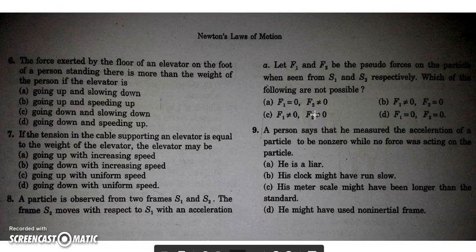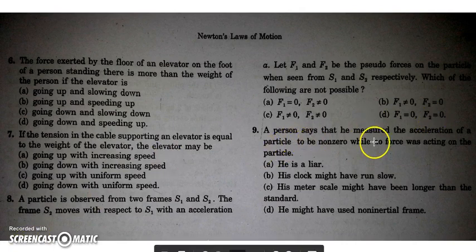Obviously, at least one frame has to be non-inertial, because both are accelerating with respect to each other. It might be the case that both are non-inertial frames, but at least one should be non-inertial, so both pseudo forces cannot be 0.